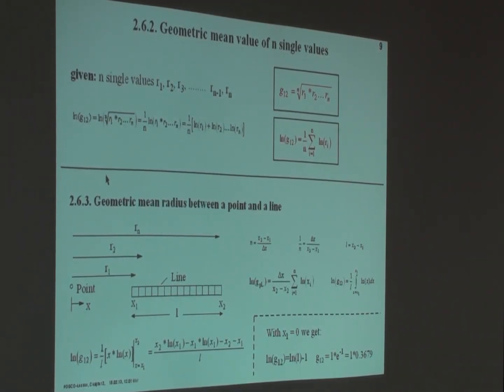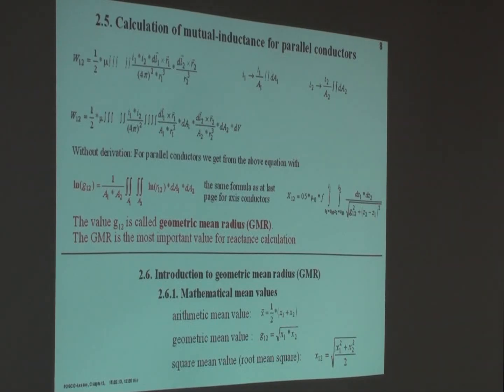Now, this is easy to calculate, but if you have a double integral, it's already a lot of work to do this. You see here how to calculate this GMR. You have to divide by two areas, and you have the ln from the distance, and the two areas.